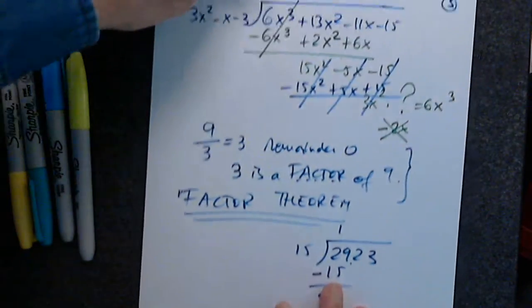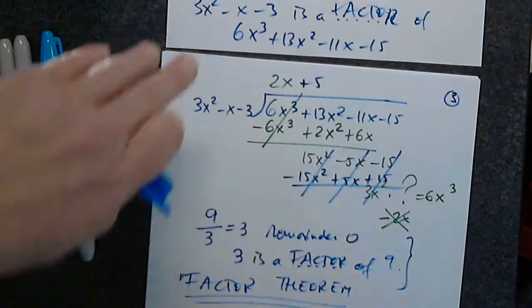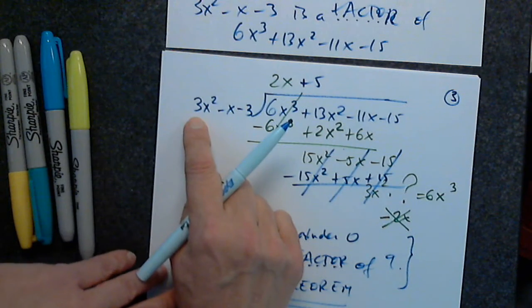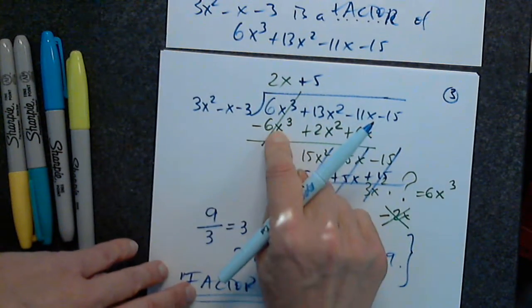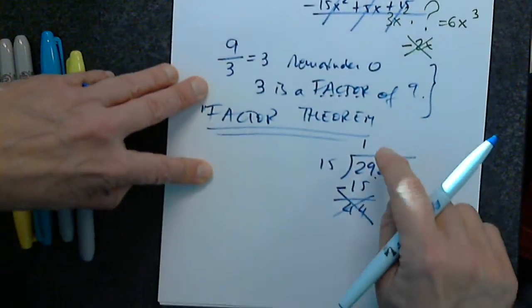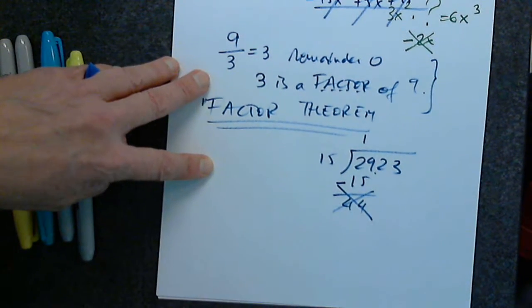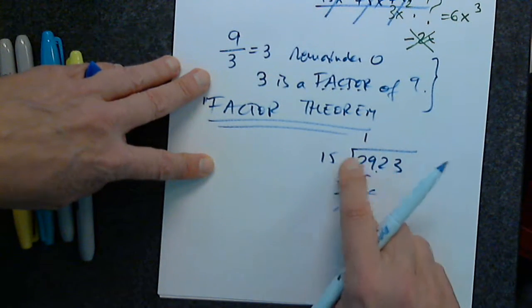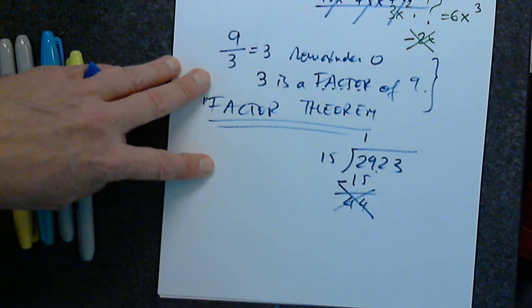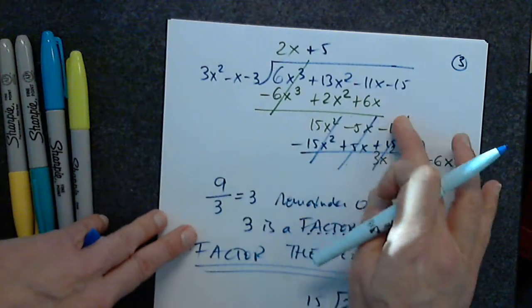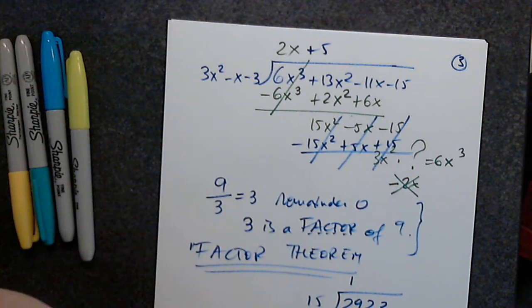For the same reason, 2x times 3x squared is 6x cubed, and I have to subtract. So I have to write negative 15, although 1 times 15 is not negative 15. For the same reason, I have to change all signs because I have to subtract.